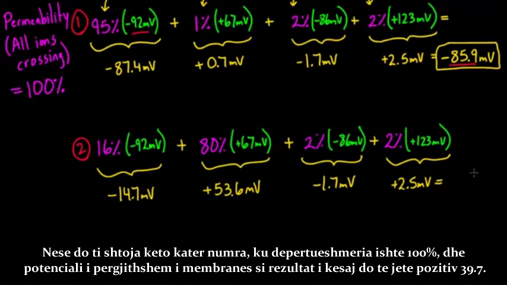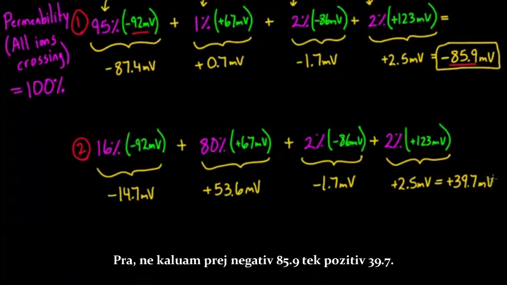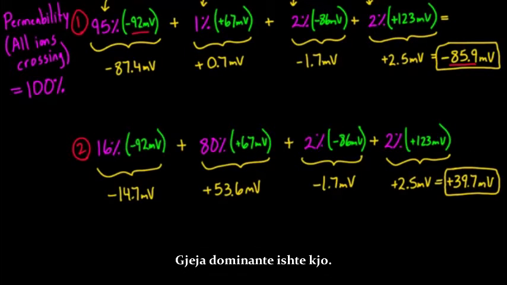And if I was to add up these four numbers, my overall permeability was 100%, and my overall membrane potential as a result of that is going to be positive 39.7. So we went from negative 85.9 to positive 39.7. And here the dominant thing was this.